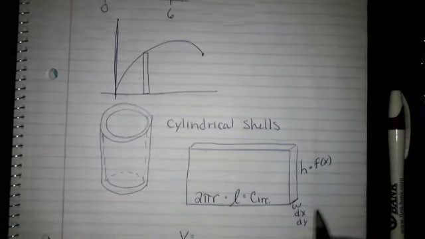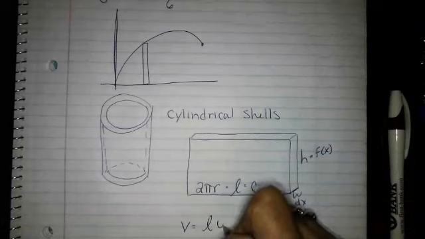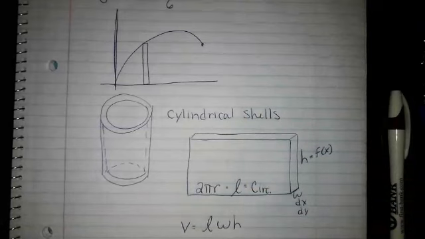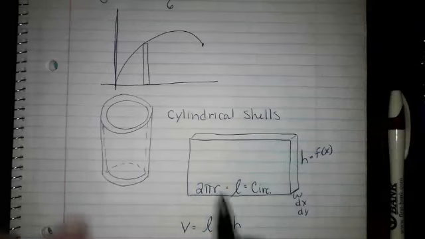So volume is length times width times height. So for calculus, we'll be doing the integral from A to B for our shaded region.